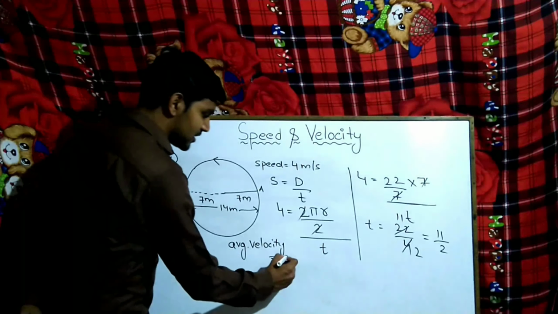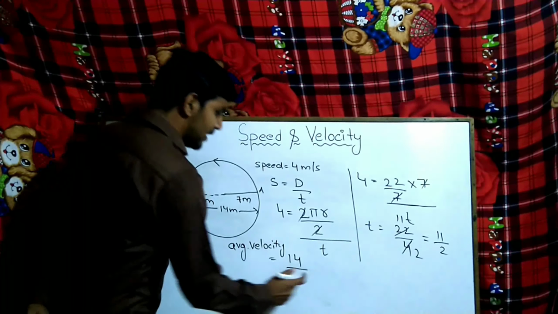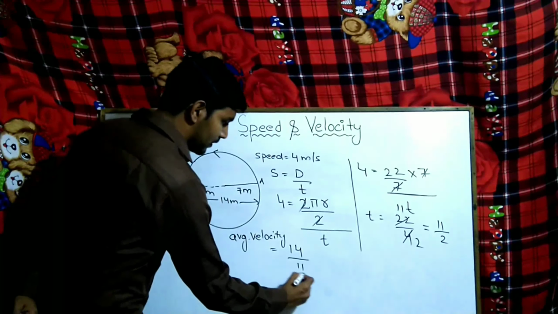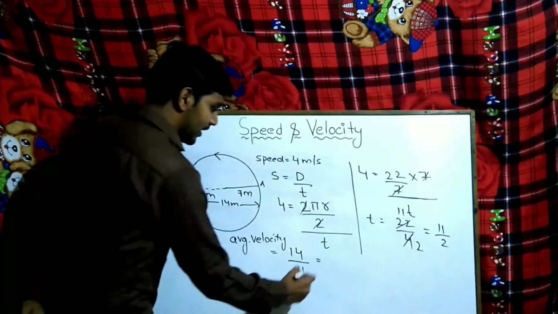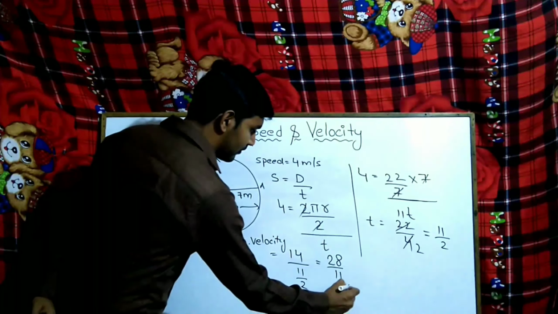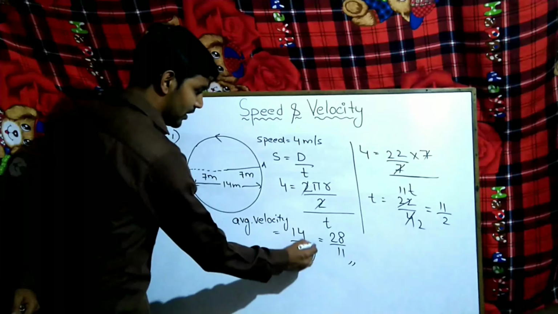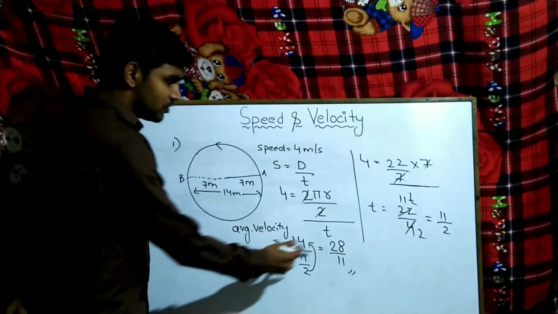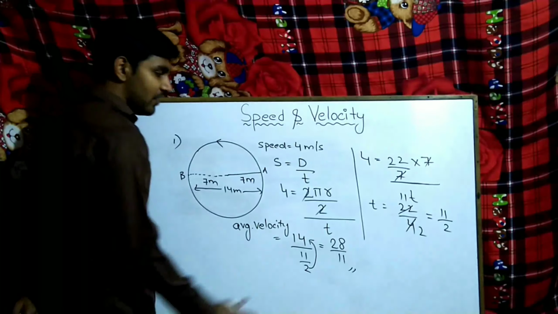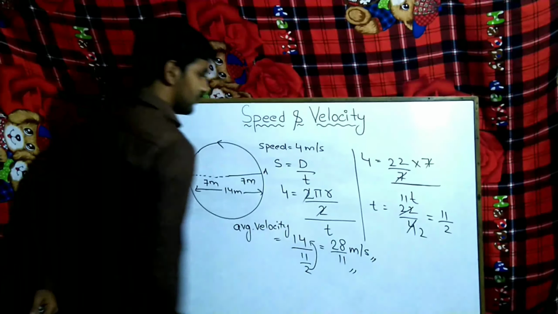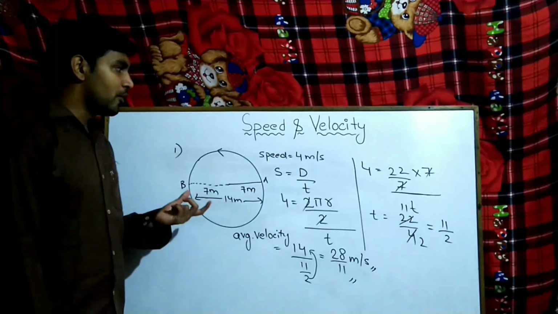So total displacement is 14 by time, which we already found as 11 by 2. This 2 will go up, then it becomes 28 by 11 meter per second. Clear? I hope you are clear.